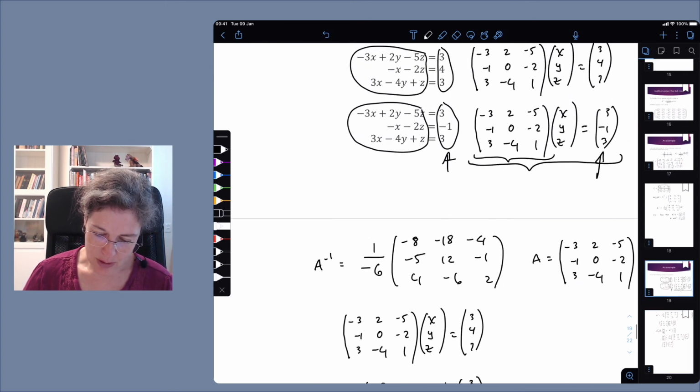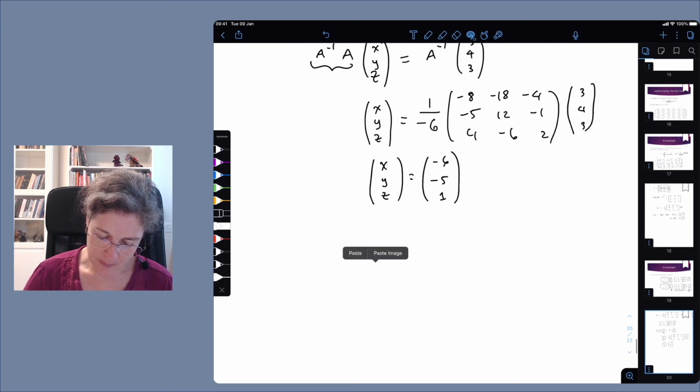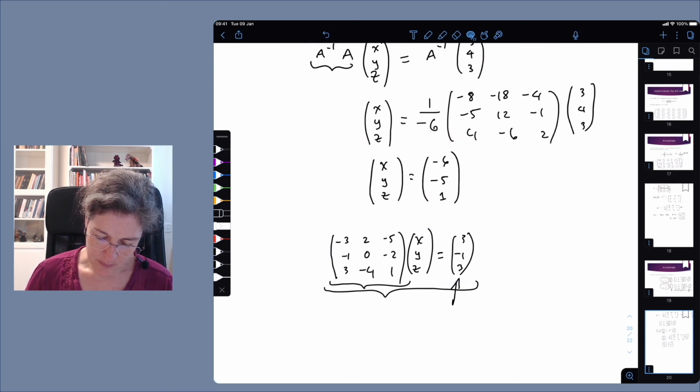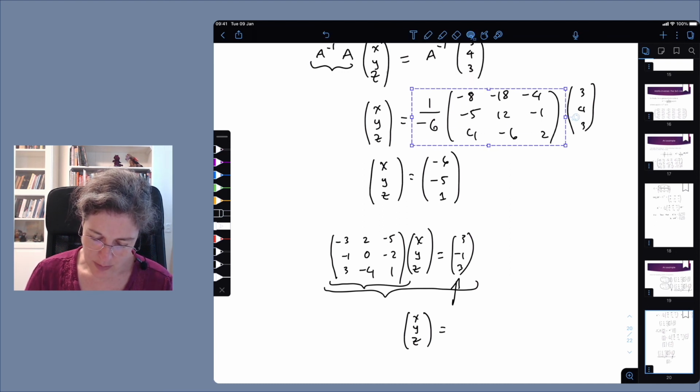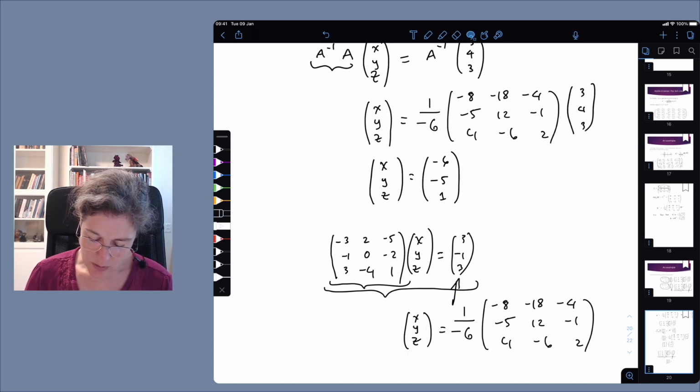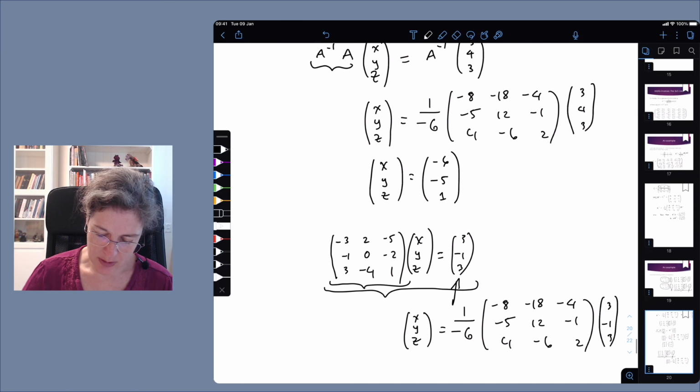So to solve this equation, we solve that XYZ is equal to our A inverse times our new right-hand side, which is 3, -1, 3.